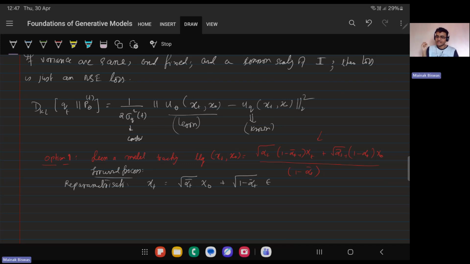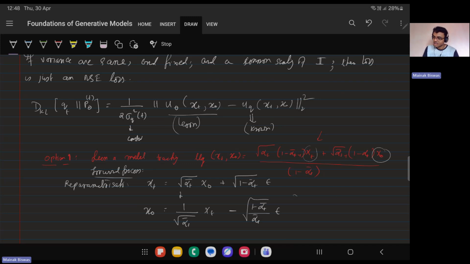So now I want to write this as a single random variable, and I'll show you why that helps. I just want to write x0 in terms of xt and some noise. So x0 as 1 by root alpha t bar, from here I'm just going to rewrite this equation as xt minus root 1 minus alpha t bar epsilon. This is what I'm going to do.